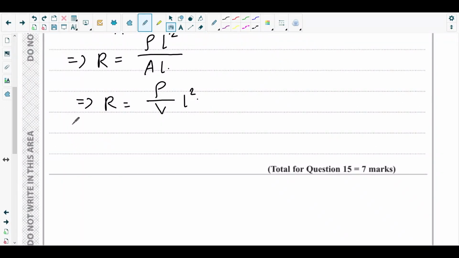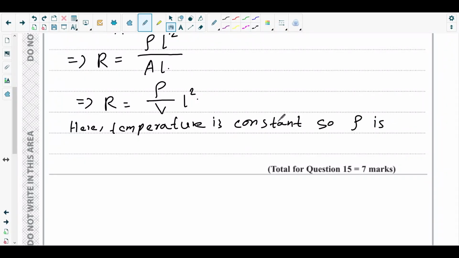Here the temperature is constant, so rho is constant, and V is given as also constant.